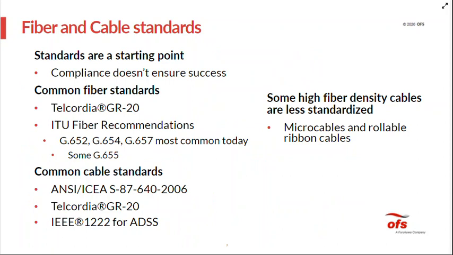And for a lot of what we see in the outside plant today, I'd say the big majority is G.652 and/or G.657 as the primary versions. When we get into some of the very high capacity networks, we are seeing some more 654 and a little bit of 655 there.